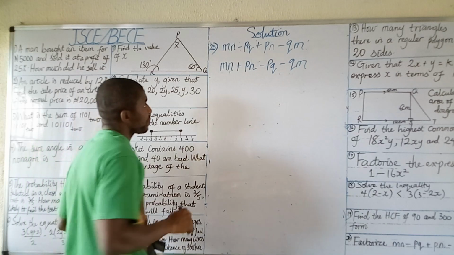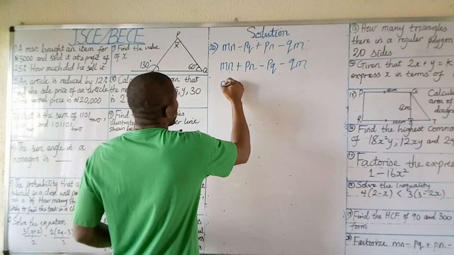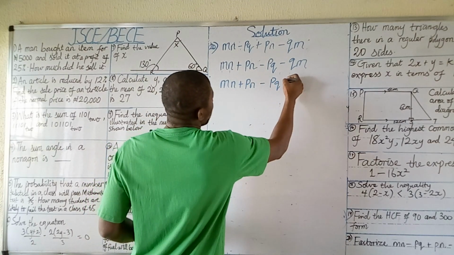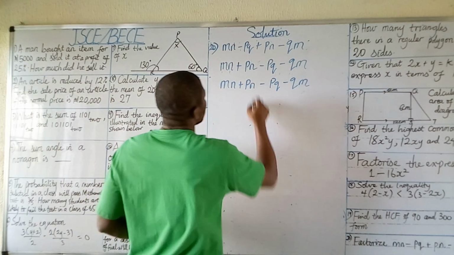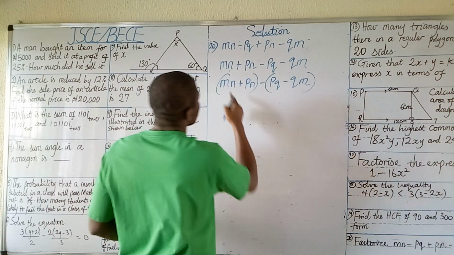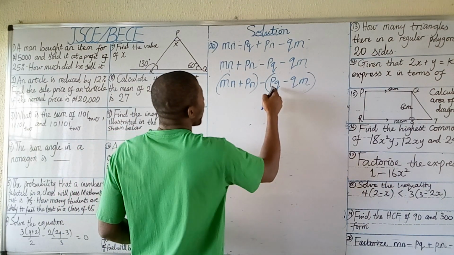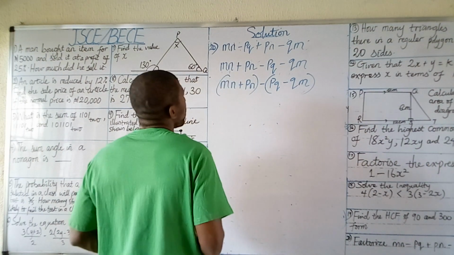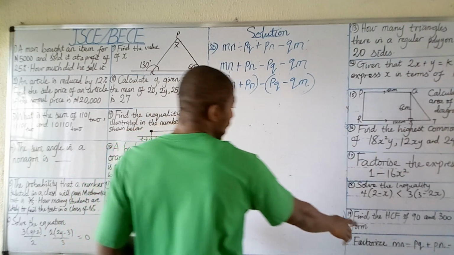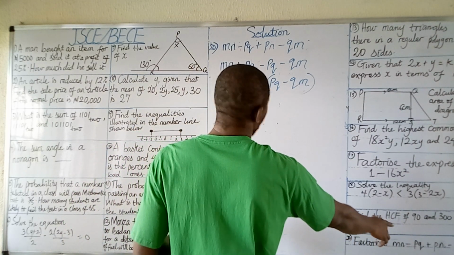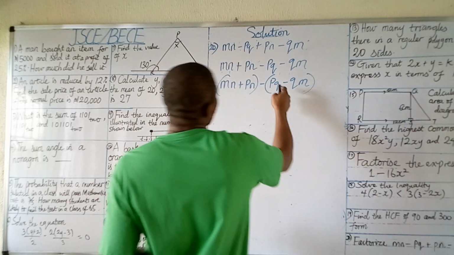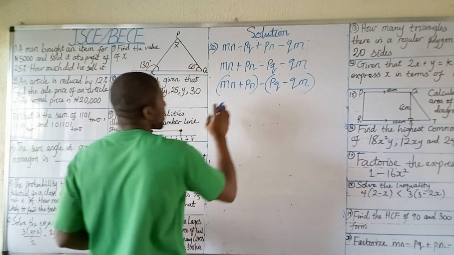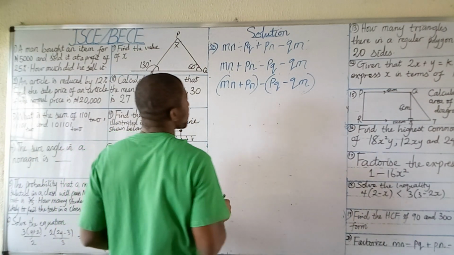Having done this, I will group mn plus pn, minus pq minus qn. You can see that these two have a common term which is n, and this one has a common term which is q.